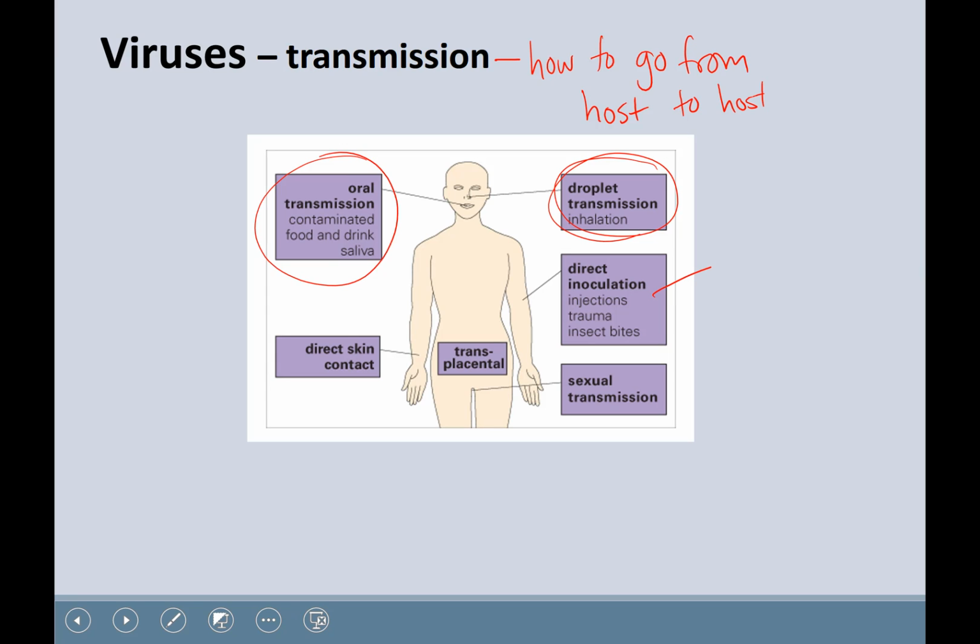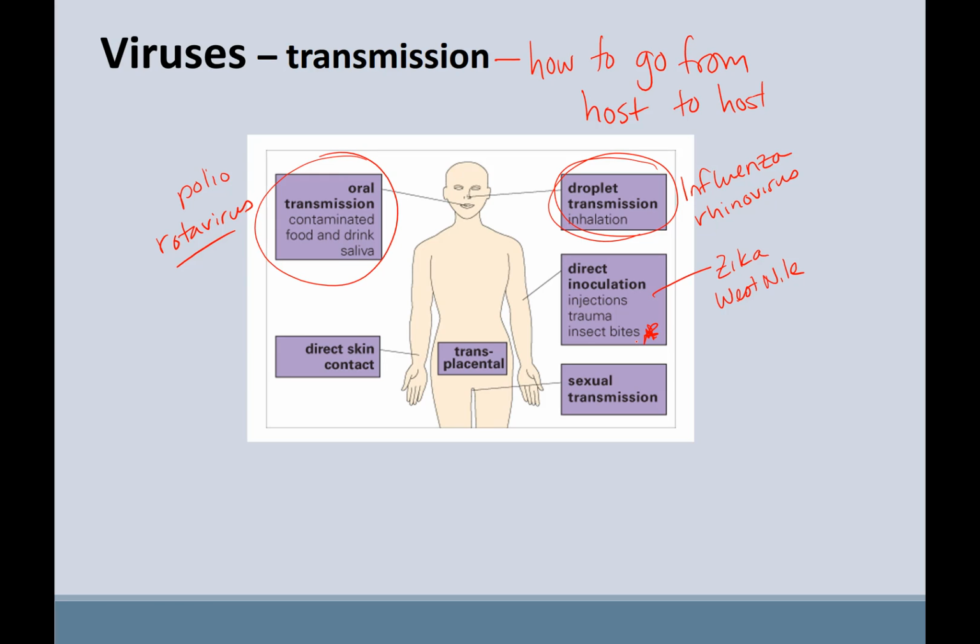Direct inoculation: you could get something injected into you, or more commonly, insect bites, like Zika and West Nile. So this example is, say, influenza or rhinovirus, which is the common cold. This over here would be polio, or rotavirus, which is the stomach flu.